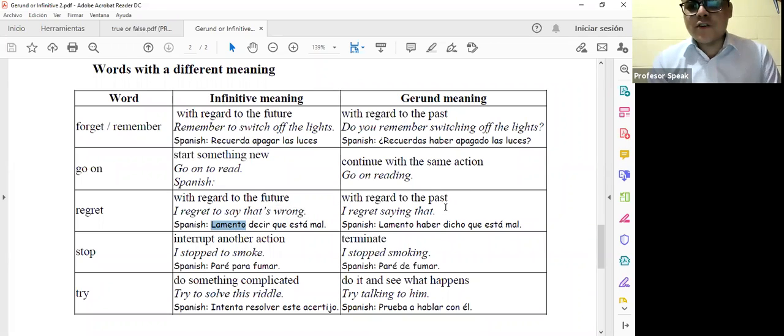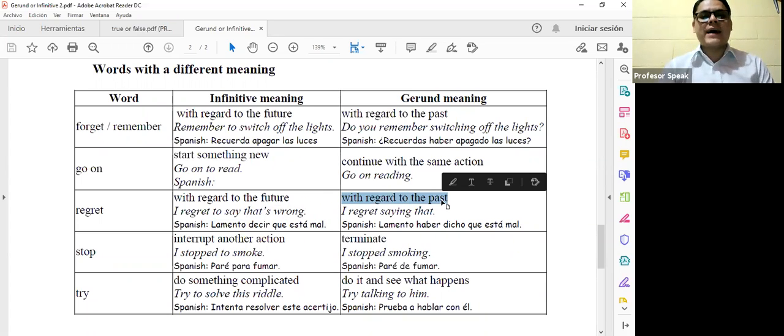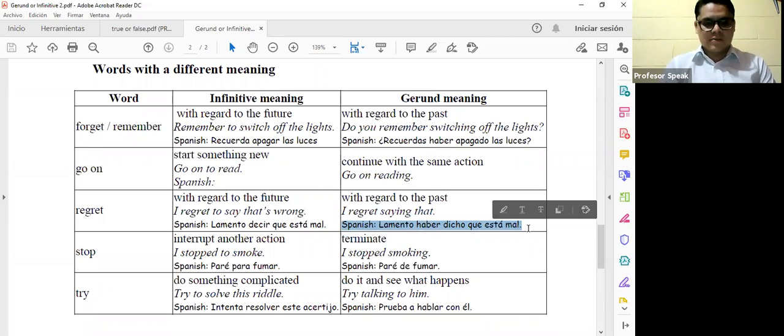And you use reread followed by a gerund when you are referring to the past. For example, I reread saying that. And you have right here the translation.